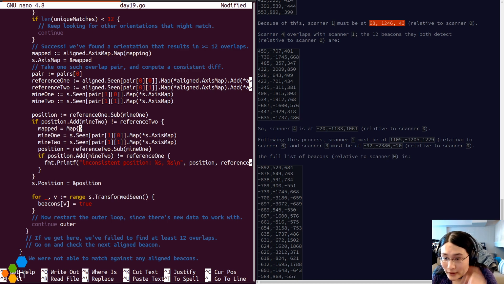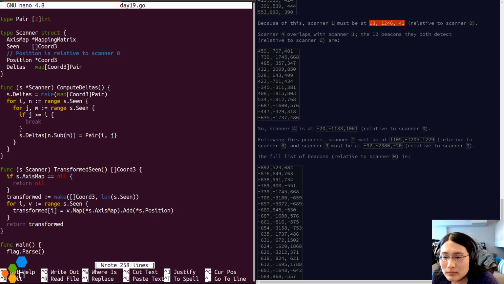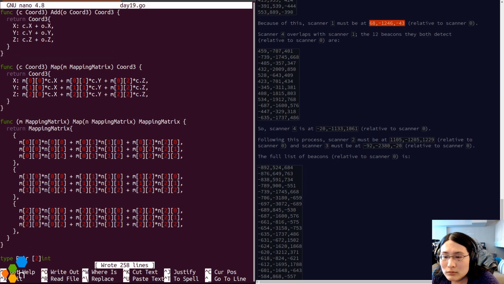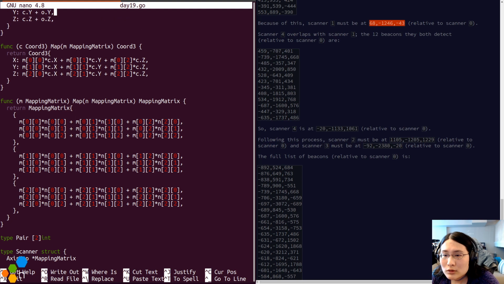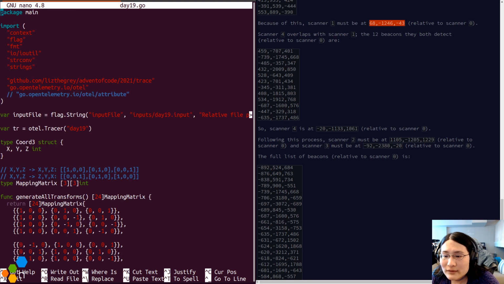Like, what would happen if I did this? Where is my definition of a mapping matrix? It's a 3x3 int.